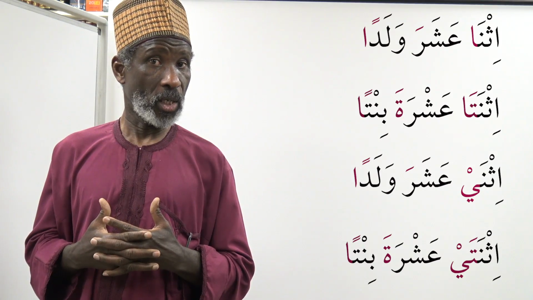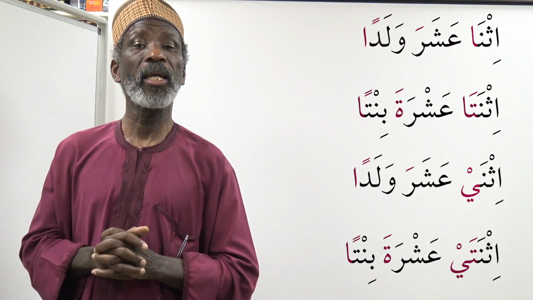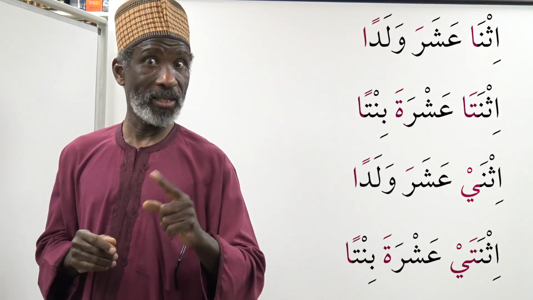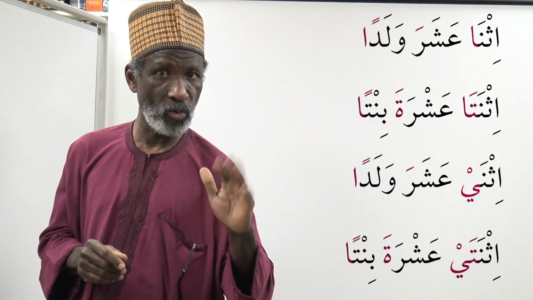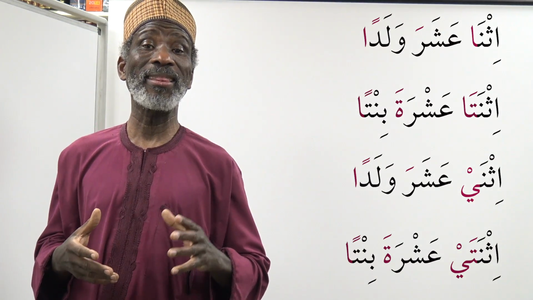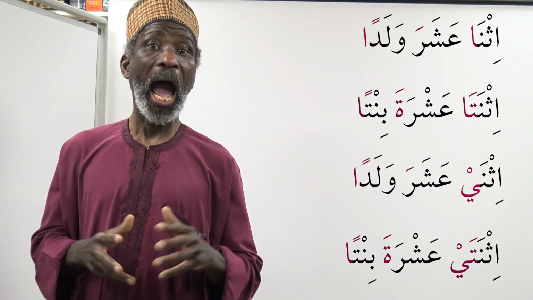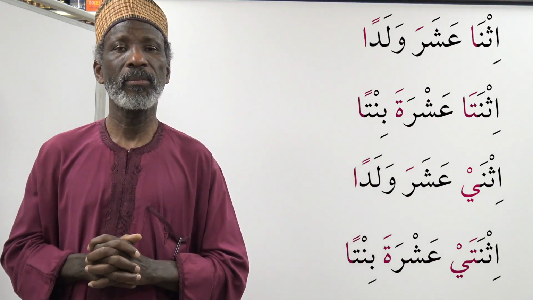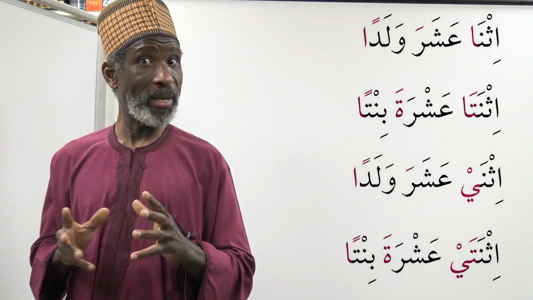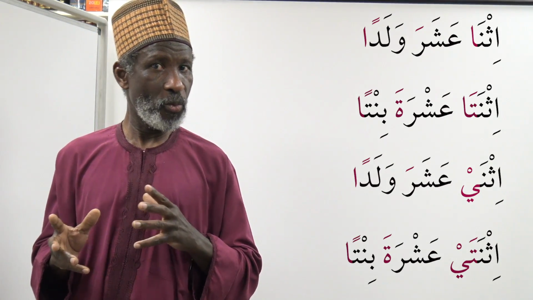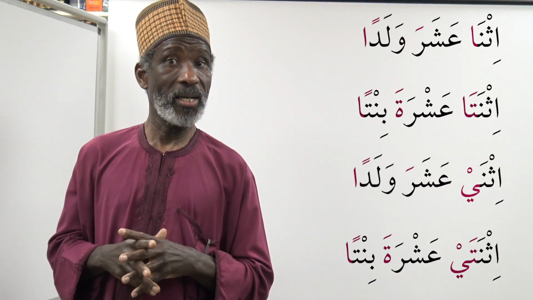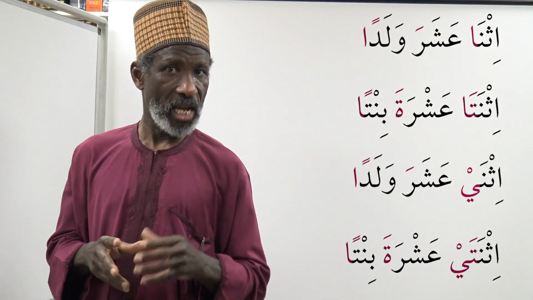12 girls, we'll say ithnata rather than ithnatani. We also will remove the noun. Ithnata ashrata bintan. That's nominative. If we are in the accusative, such as ithnaini, again we remove the noun.